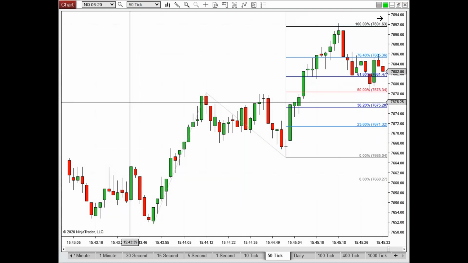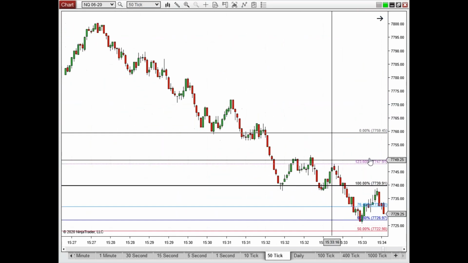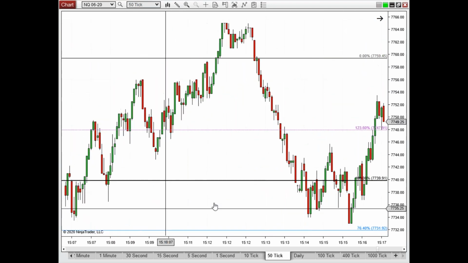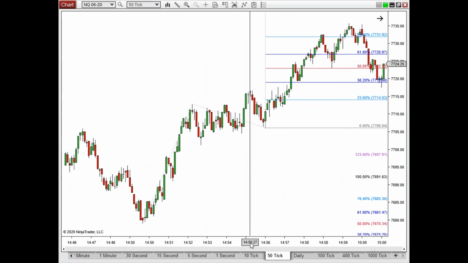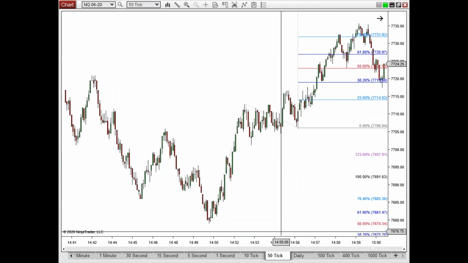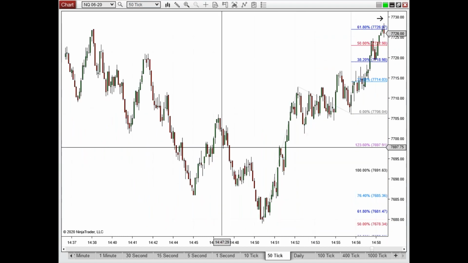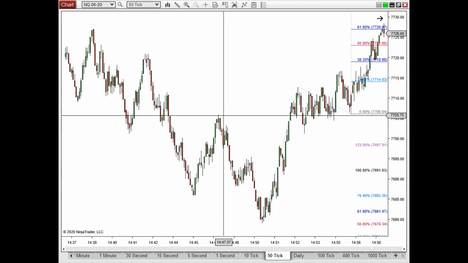So let me show you an example. I'm going to scroll back over here. This was a buy setup that I'd had earlier, the previous day, you can see it here. This was something I built into on the upside because it was coming off of this 2-wave low.